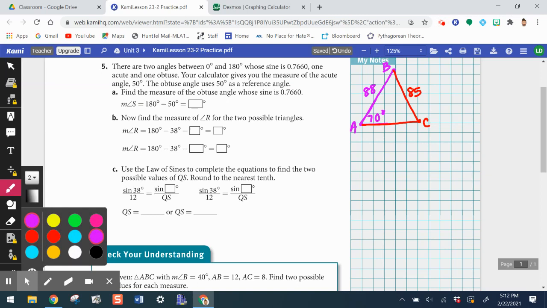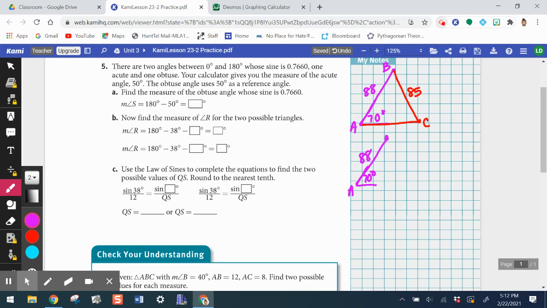Or we can draw it again. I'll try to match it, 70 degrees. Again, still the distance from A to B is 88, but the length from B to C being 85, we could actually rotate that length such that C is now an obtuse angle, so that this is still 85.